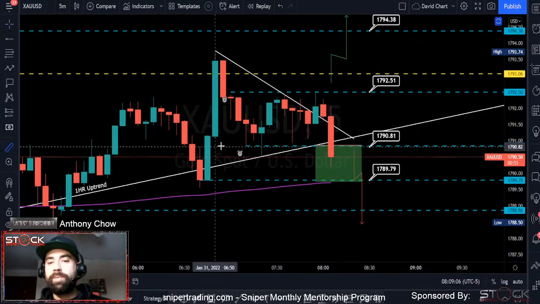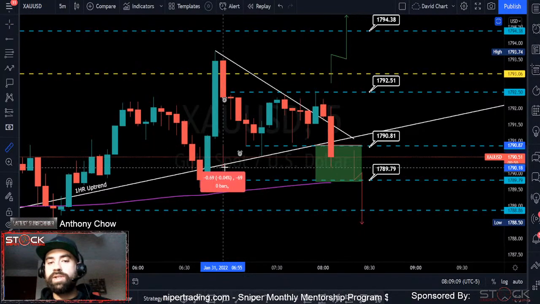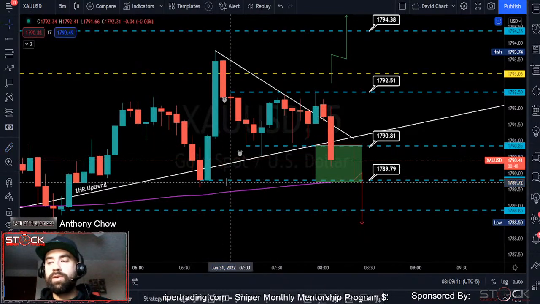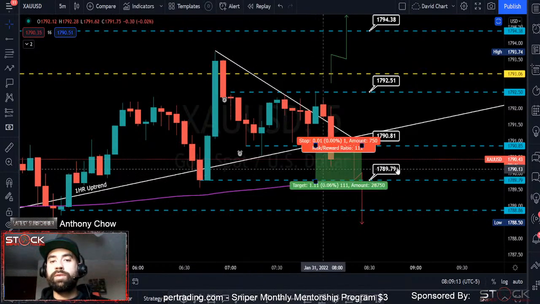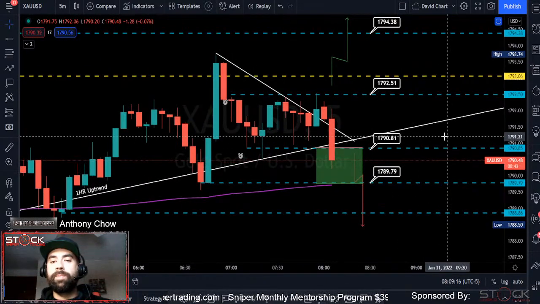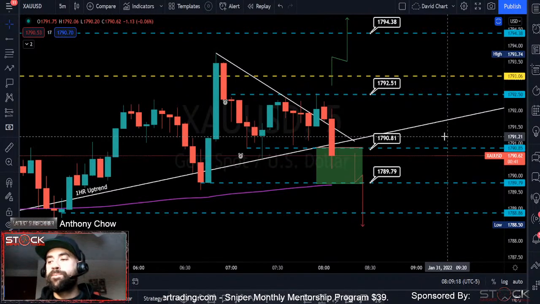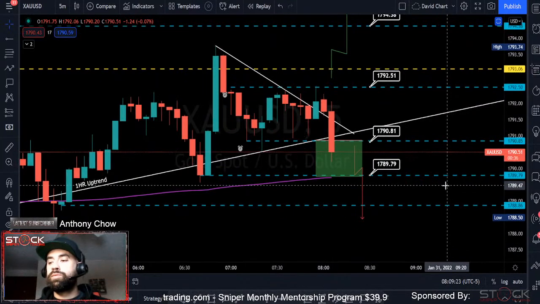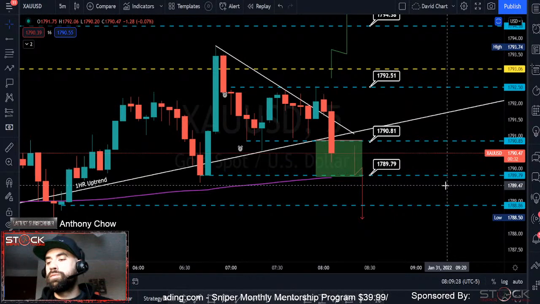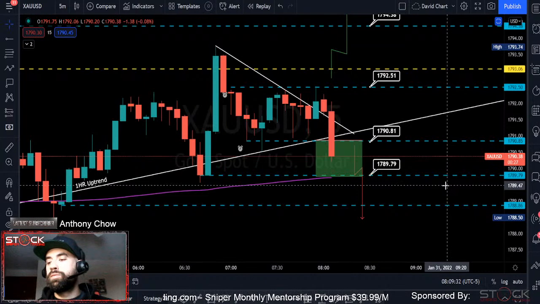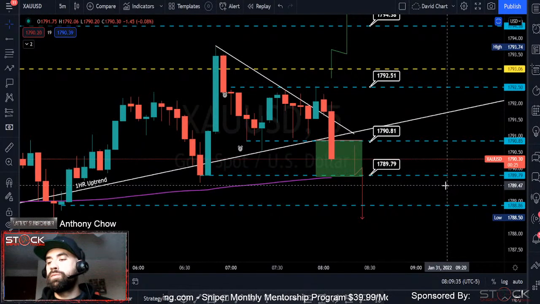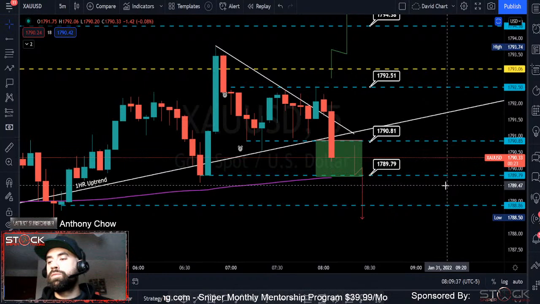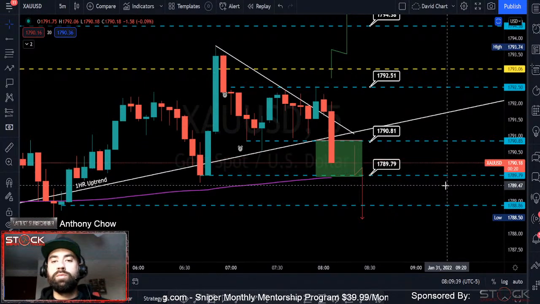So guys, if you grab that sell here, you can see it's starting to run about maybe 6 pips. Overall target is about 11 pips.